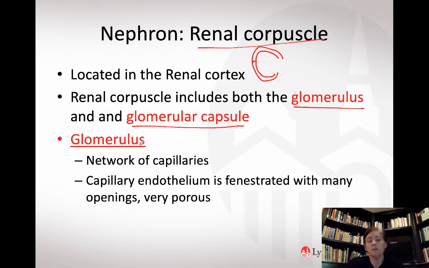And if we look at the glomerulus, it's basically this tangled network of capillaries. And as we learned in blood vessels, we have different types of capillaries. And this particular type of capillary is a fenestrated capillary, because this is going to be the site of filtration. And so we need to have pores so that filtrate or fluid can filter from the capillary into the capsule.